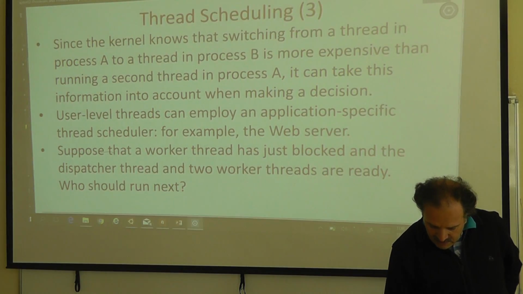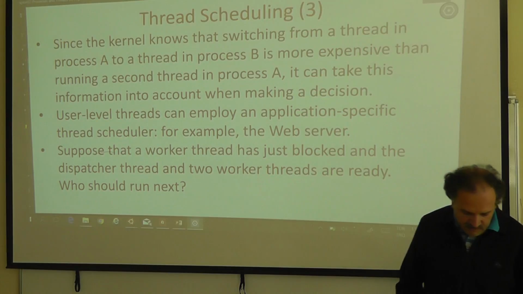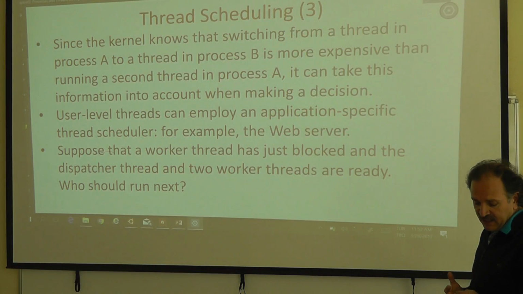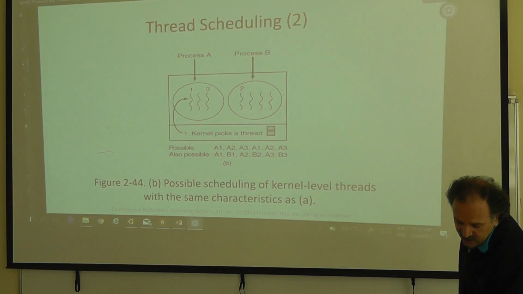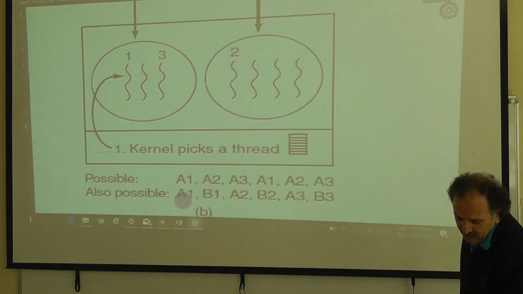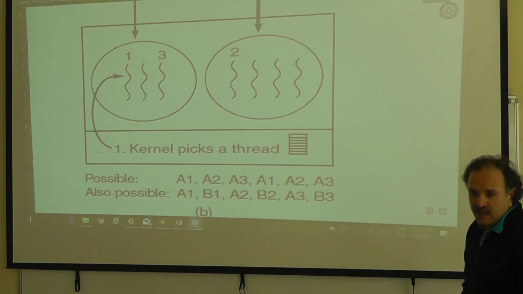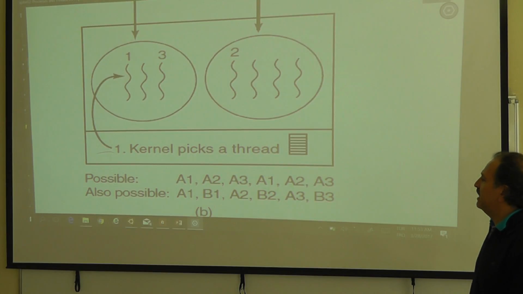Okay, so let's look at this slide and we will stop afterwards. Since the kernel knows that switching from a thread in process A to a thread in process B is more expensive, if my scheduler is smart enough, even though it can do A1, B1, A2, B2, it will say that this is expensive, maybe I should do A1, A2, A3, and as long as it goes, it will do that.